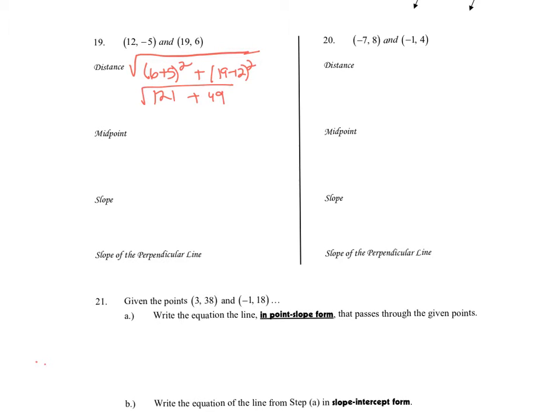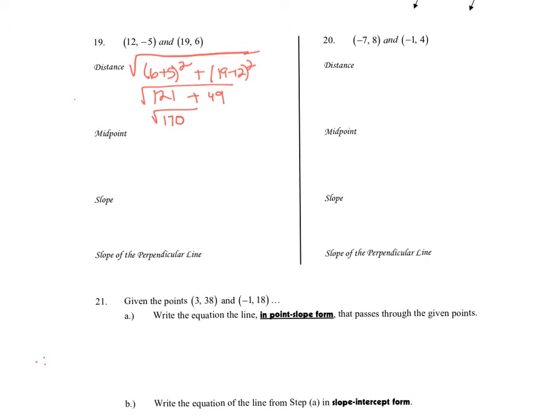And then if we add those together, that's going to give us the square root of 170. And then we would need to check and see if there are any perfect square factors, and there are no perfect square factors in 170, so that would be our answer.